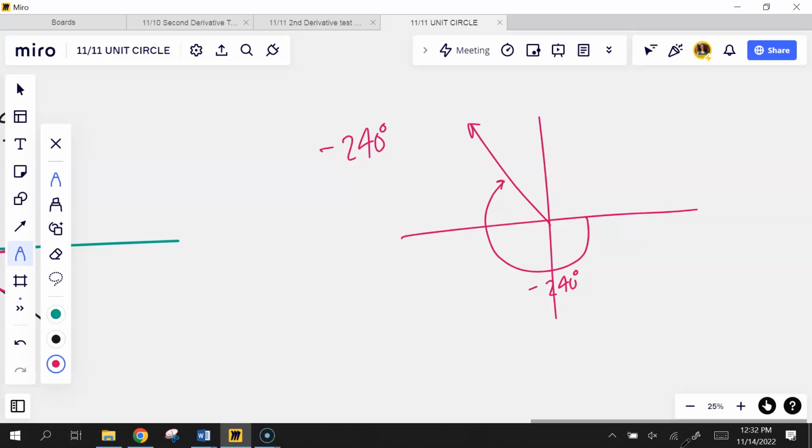But you don't want a negative. Minus 180, right? Because this is my reference angle here. So what do you think it is? It's 60.